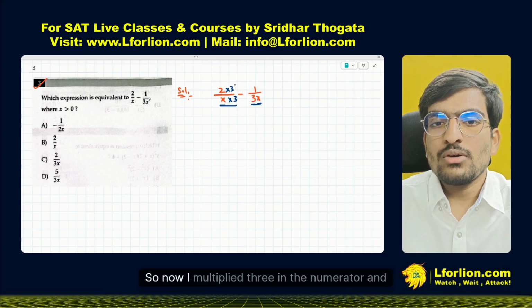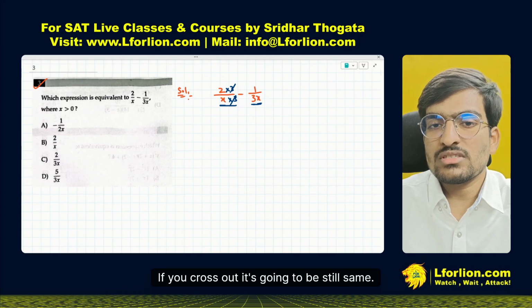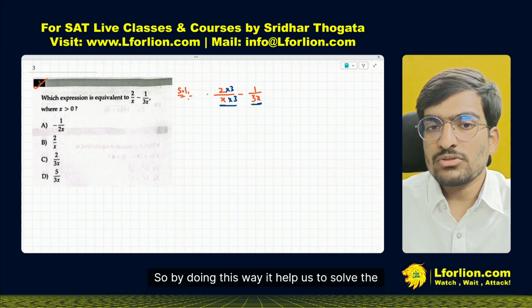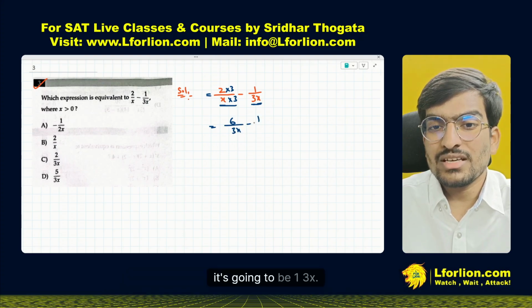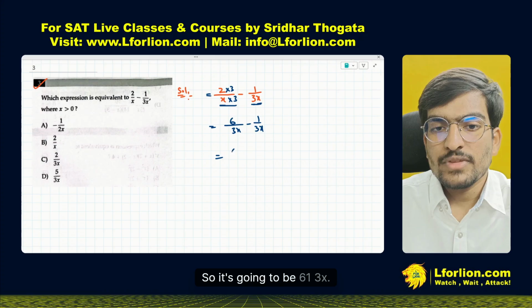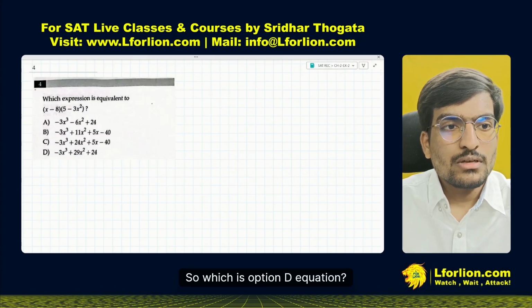So now I multiplied 3 in the numerator and denominator. If you cross out, it's still the same. By doing this, it helps us to solve the expression easily. So in the numerator 6 by 3, 6, and then denominator 3x, it's going to be 1 by 3x. So it's going to be 6 minus 1 divided by 3x. It's going to be 5 divided by 3x. So which is option D.